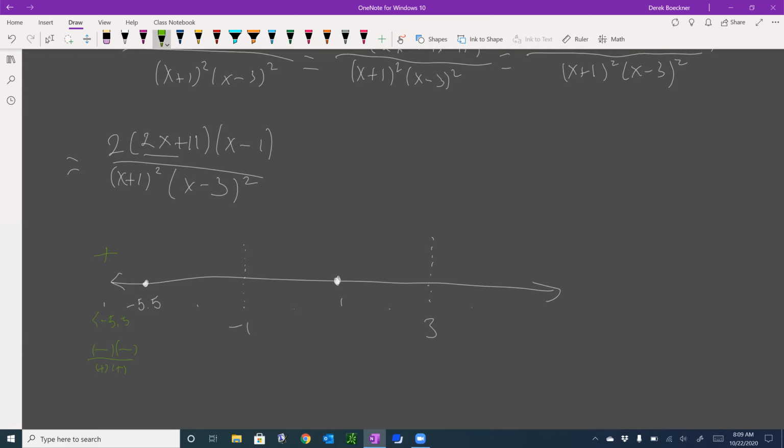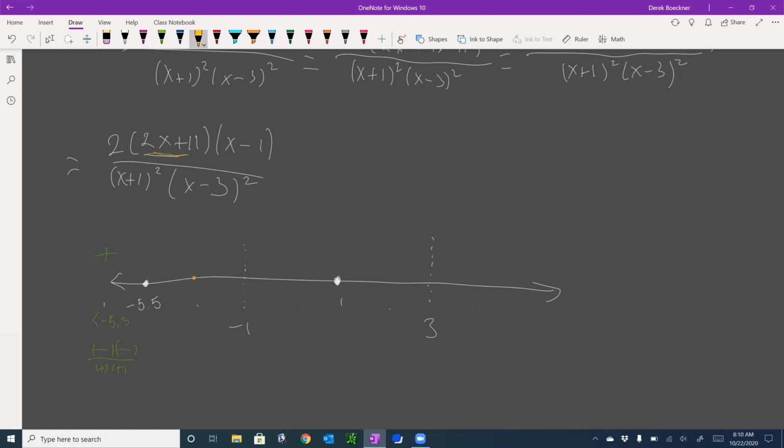So this interval over here is going to be a positive interval. Okay, so now I'm going to take something that's in here. So it's between -1 and -5.5. So it is smaller negative than 11.